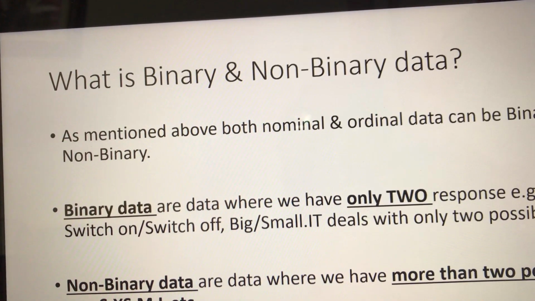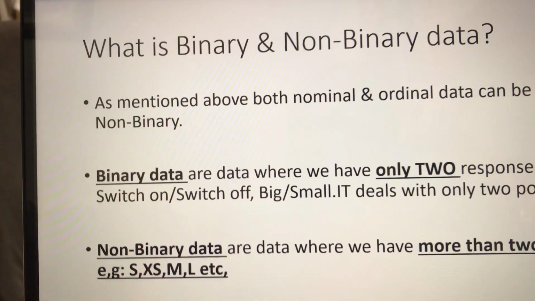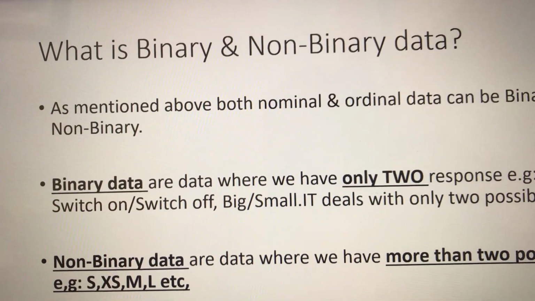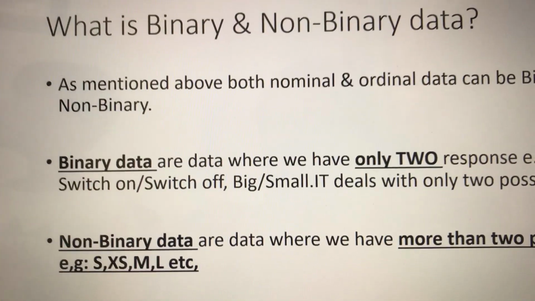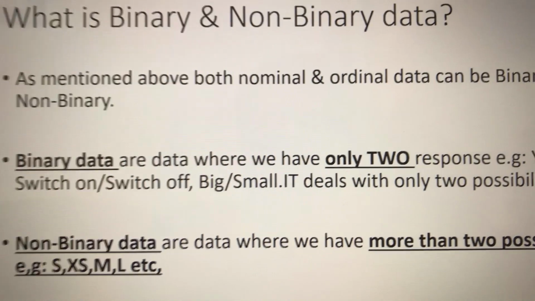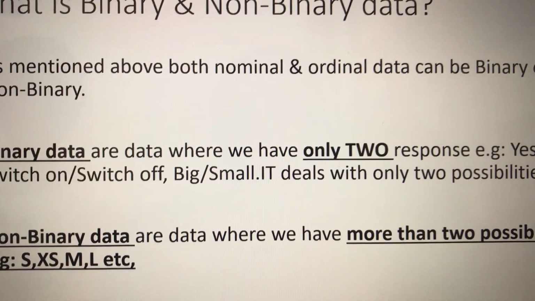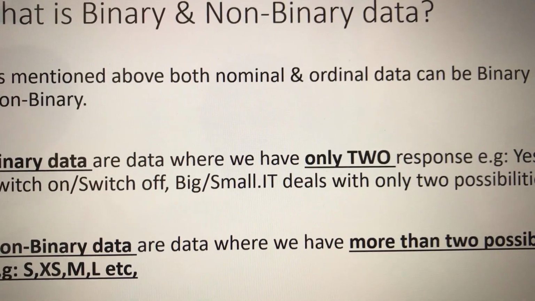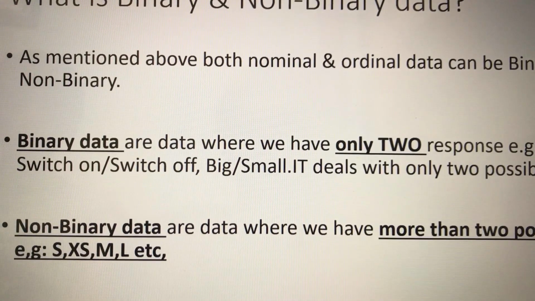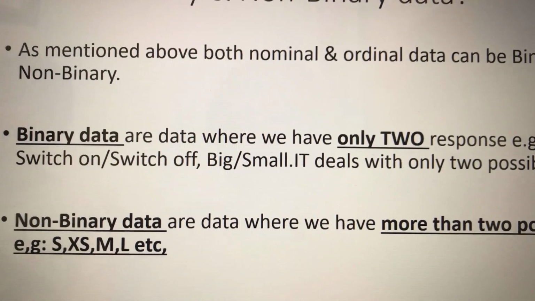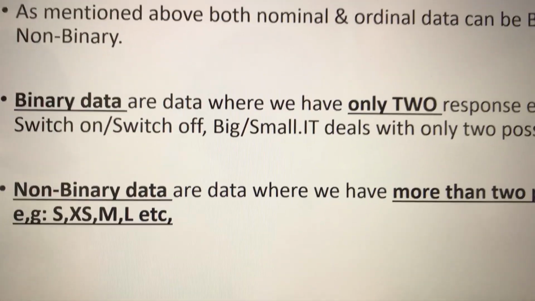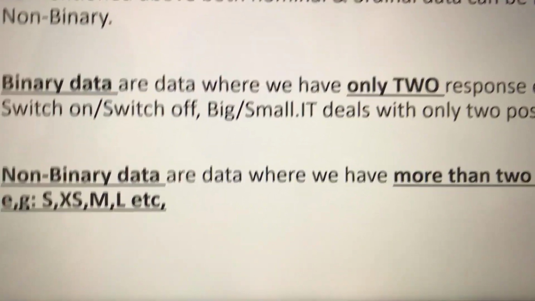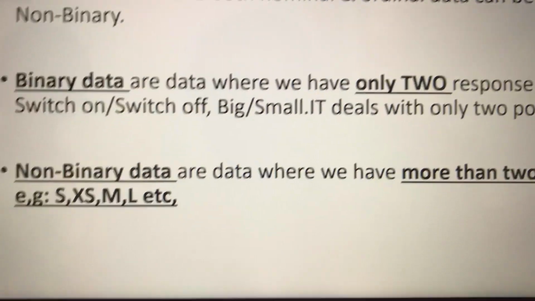So basically only two number codes are chosen. Using this analogy, we say binary data are essentially data that have only two responses. Let's say yes or no, switch on, switch off, big, small. It has only two possibilities. Non-binary data are the data where there are more than two possibilities, like t-shirt size, small, medium, large, extra large, etc.